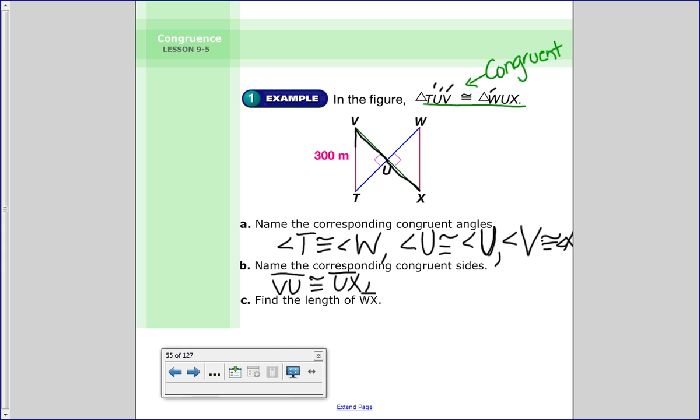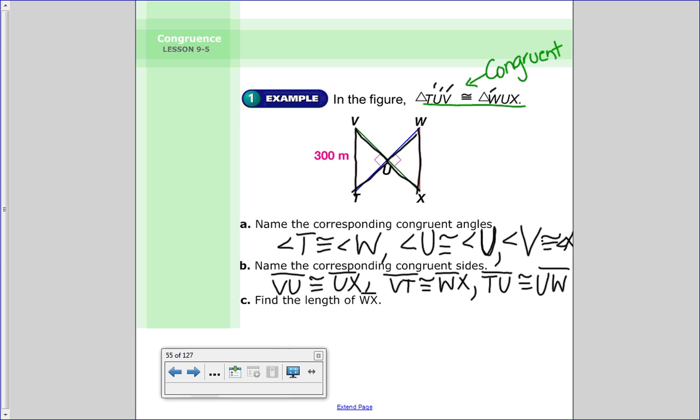And then VT, probably the easiest one to recognize, is congruent to WX. And finally, last one, segment TU is congruent to segment UW.